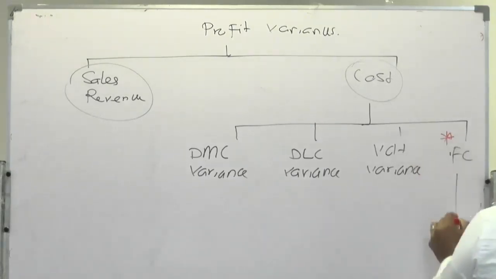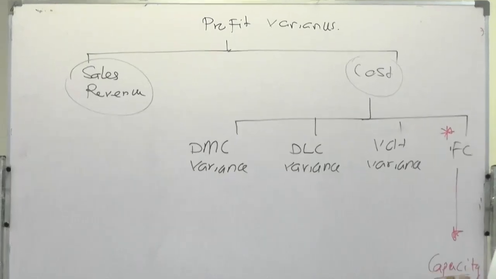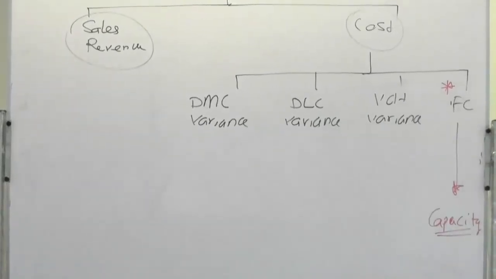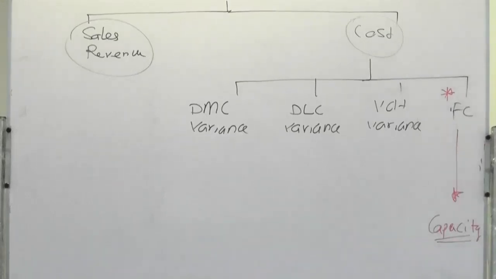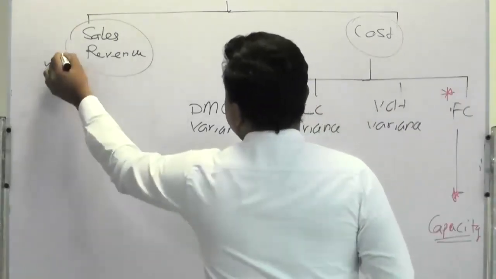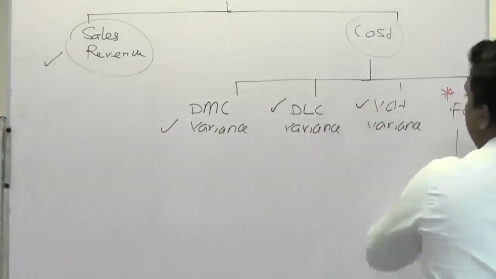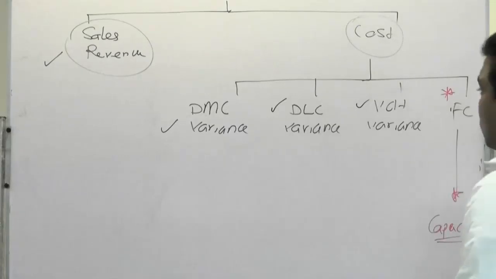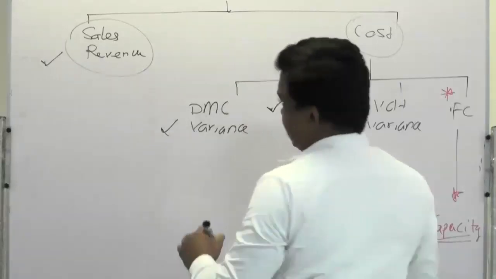Why? Because fixed cost depends on the capacity of the business. Therefore, fixed cost variances will be calculated using the capacity and fixed cost absorption rates. Let's discuss separately. However, for all four, sales variance, direct material variance, direct labor variance and variable overhead variance, all four variances have common characteristics.